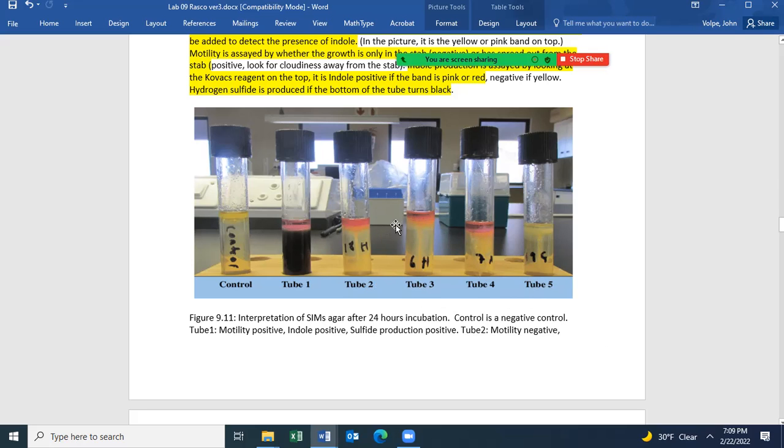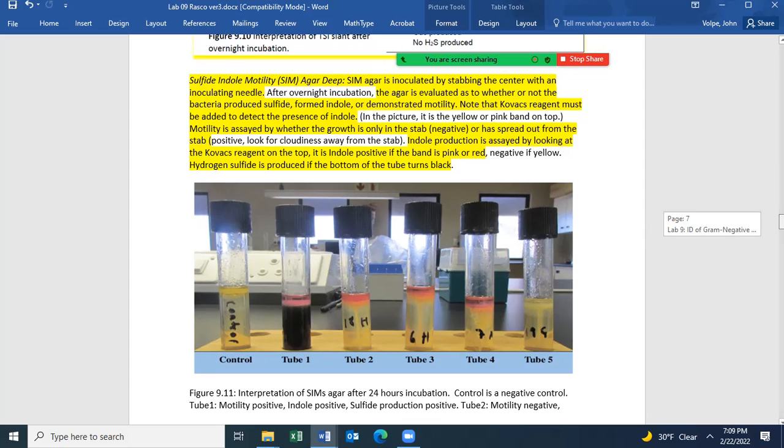And if it turns red, let me see if I remember now. Sorry.